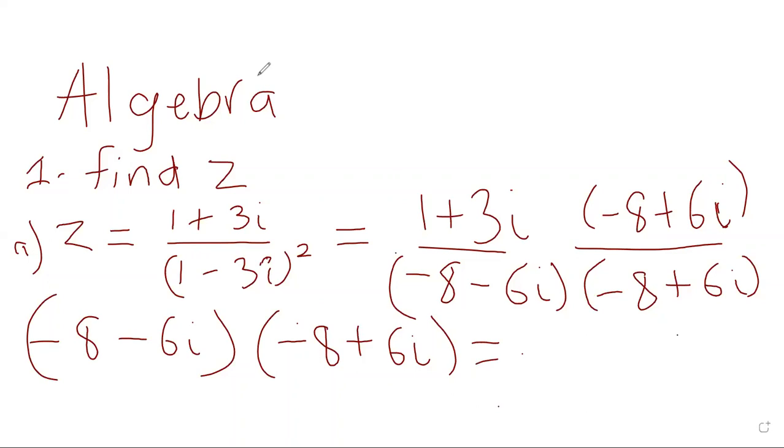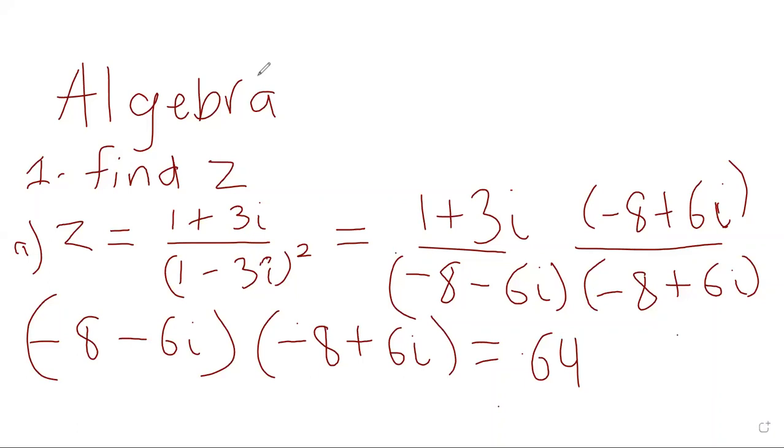So when we simplify this, we have 8 times 8, that's positive 64. So we are doing minus 8 times minus 8, which will give us positive 64.